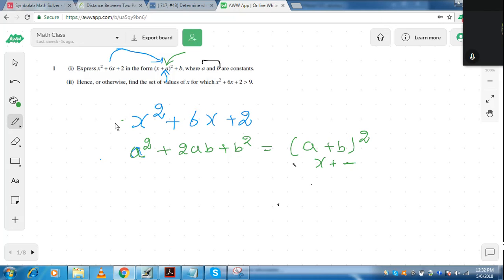This equation can be written with a as x, so x square plus 2 times x times b. 2 times 3 is 6, right? So b is just 3. Now compare a and b here.